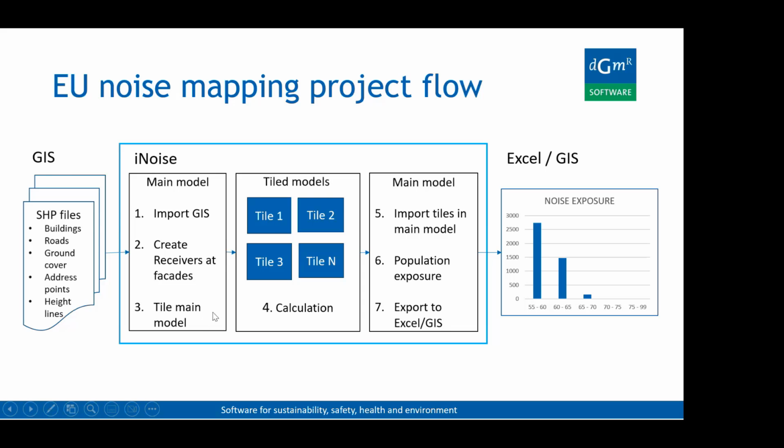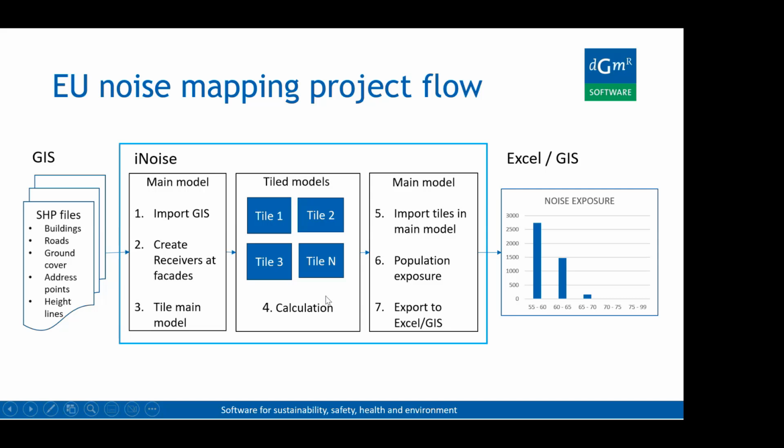Then, if it's a really huge model, you tile your main model. However, in many cases, it's not needed because iNoise can really handle quite large models. It has an open memory model. You can use all the memory you have to create your model. But if in some cases your memory runs out, you can tile the model into smaller tiles, and in some cases it will also speed up your calculation.